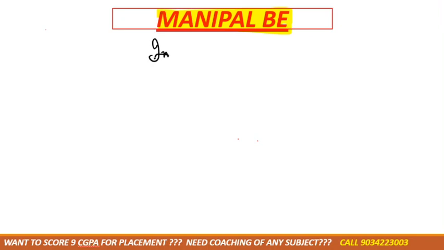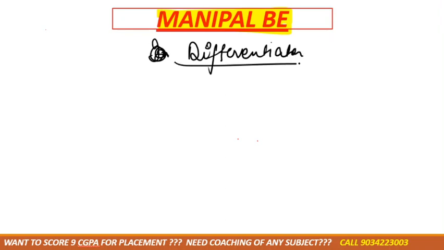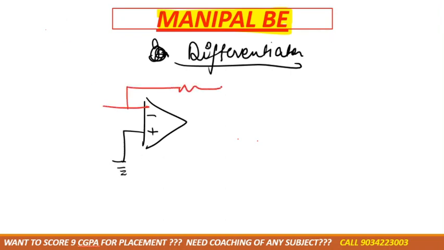Next one is the differentiator. The difference between the integrator and the differentiator is, negative, positive. The positive terminal is grounded. In the negative terminal, and this one as the input.